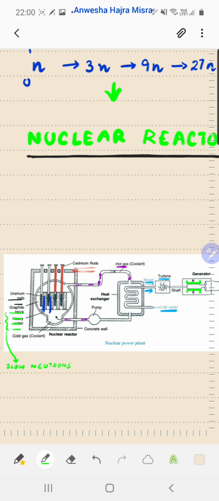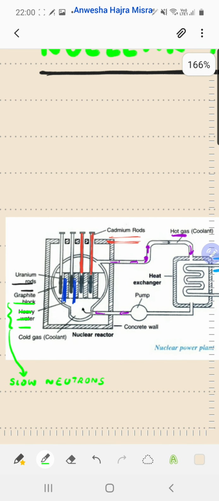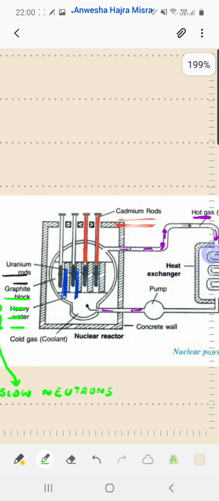So from here you see graphite and heavy water. It will slow down the neutrons. The neutrons will go and hit the uranium rods. Now these uranium rods, 3 neutrons emitted, 2 will be absorbed by the cadmium rods. From here, cold gas will come. Cold gas will turn out as hot gas.